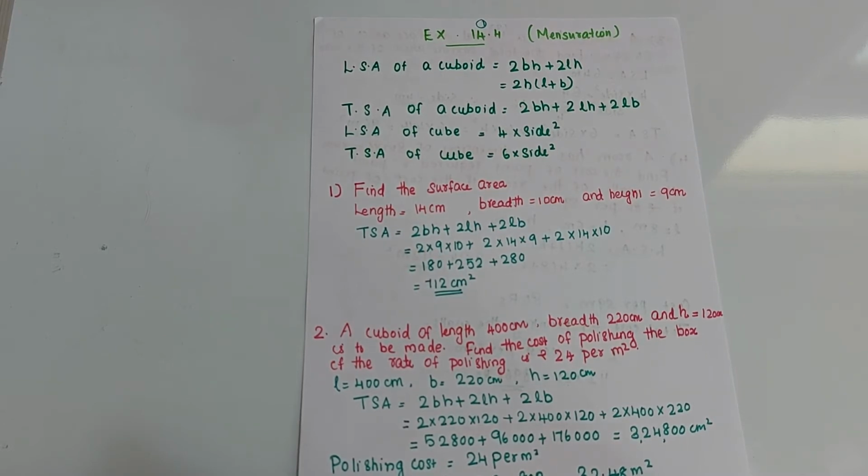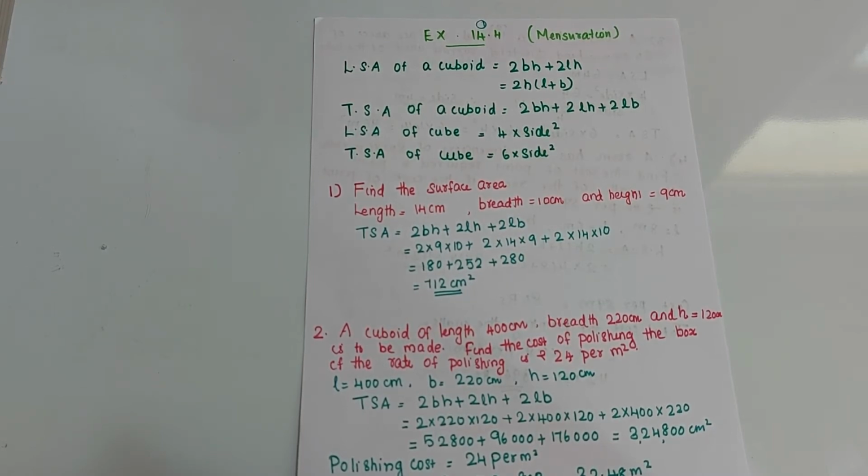Now second question: a cuboid of length 400 centimeter, breadth 220 centimeter and height 120 centimeter is to be made. Find the cost of polishing the box if the rate of polishing is rupees 24 per meter square. Here the length, breadth and height of the cuboid, three measurements, are given, and the cost of polishing the box.